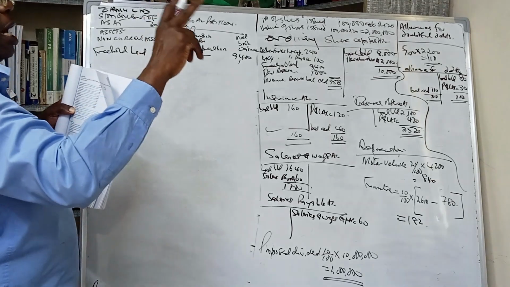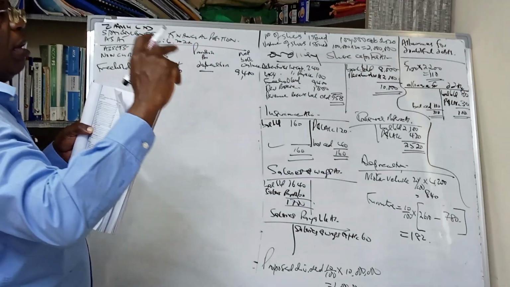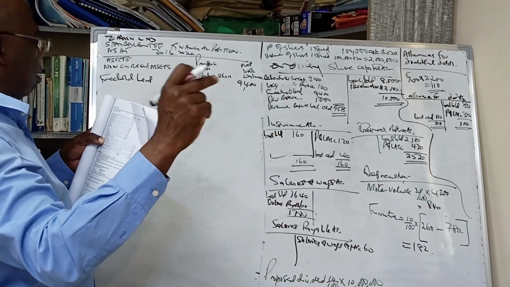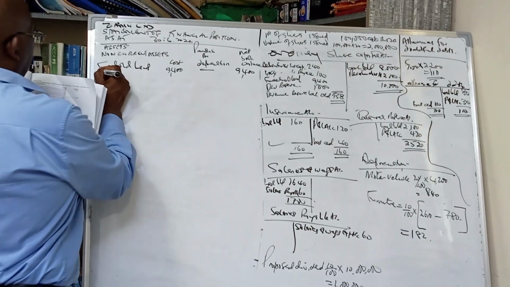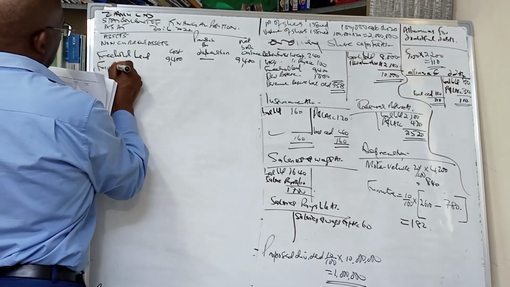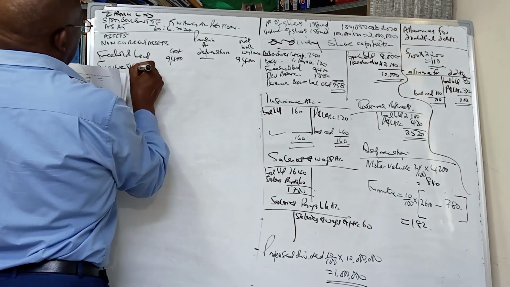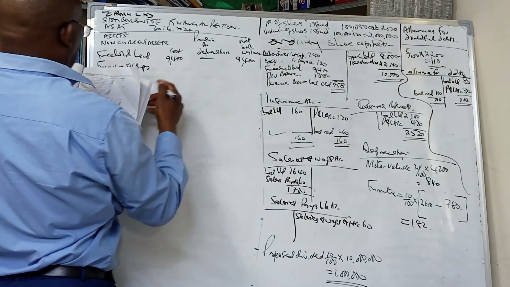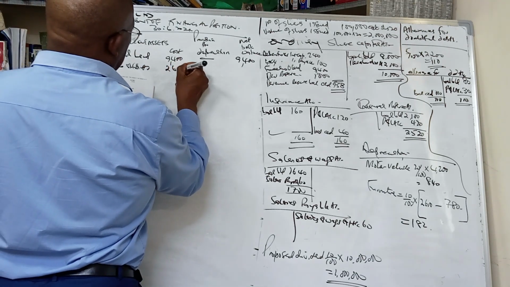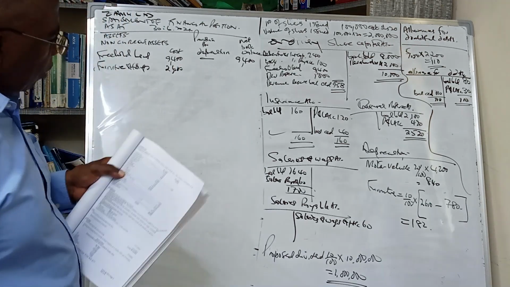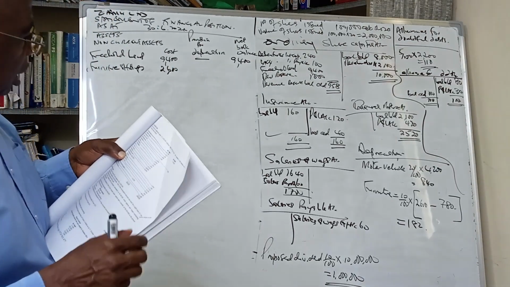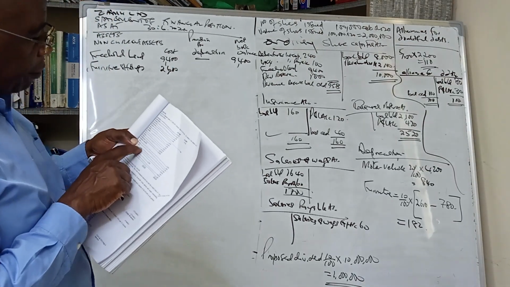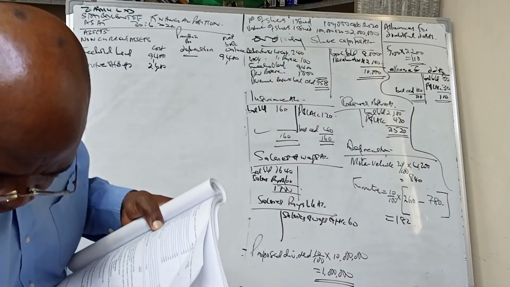Then we go to furniture and fittings. Remember the order: land and building, plant and machinery, furniture, fixtures and fittings, and motor vehicles. From the trial balance, we bought furniture and fittings at a cost of 2,600. The accumulated depreciation at the beginning of the year is 780.